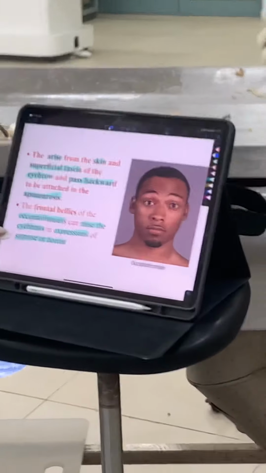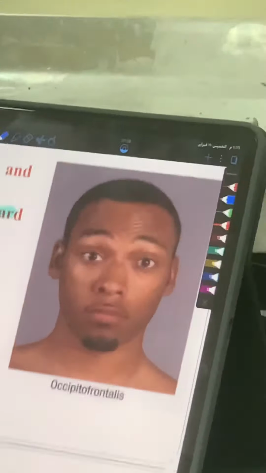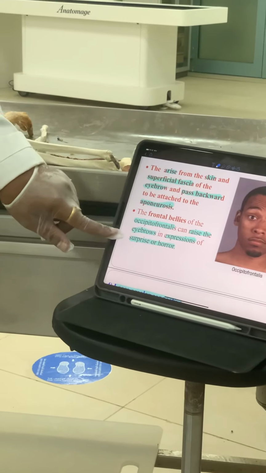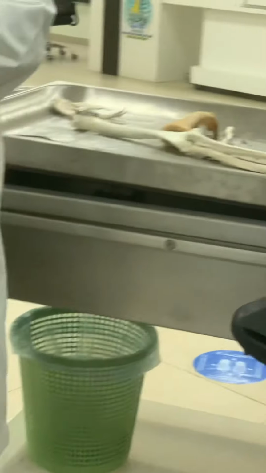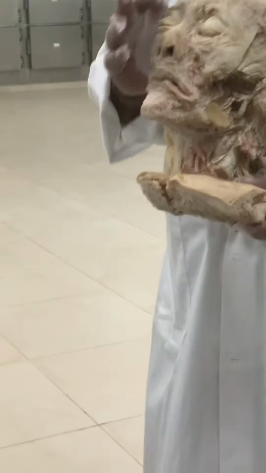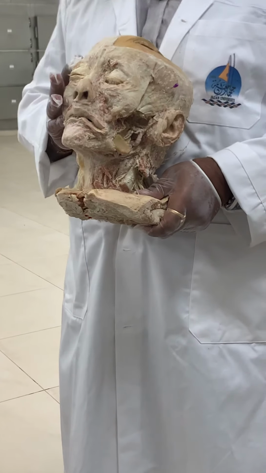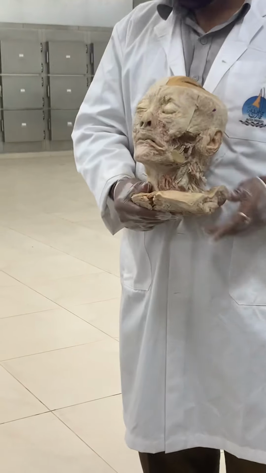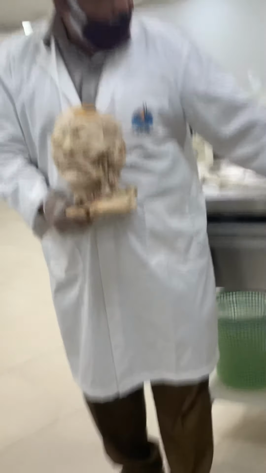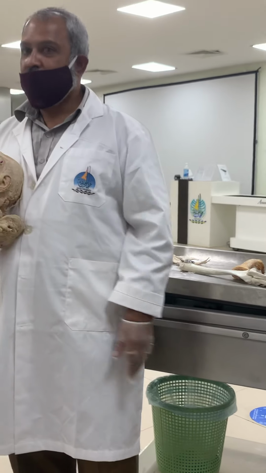Then the frontal belly, where does it arise? The occipitofrontalis arises from the eyebrows. What are the eyebrows? Here, the supraorbital margin, where the eyebrows are. Then loose areolar tissue.